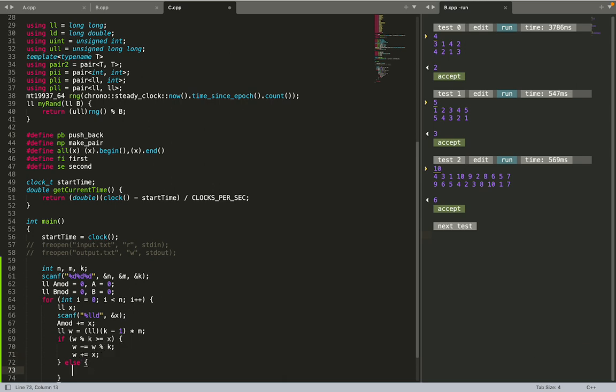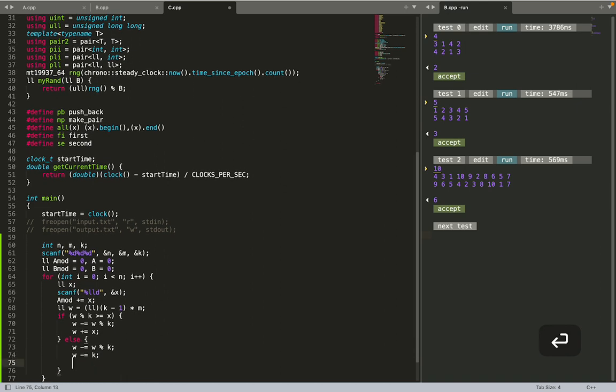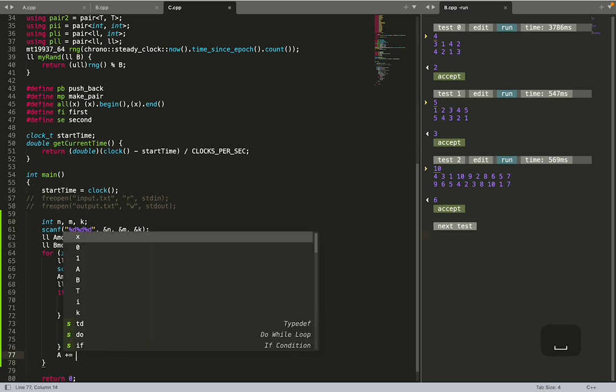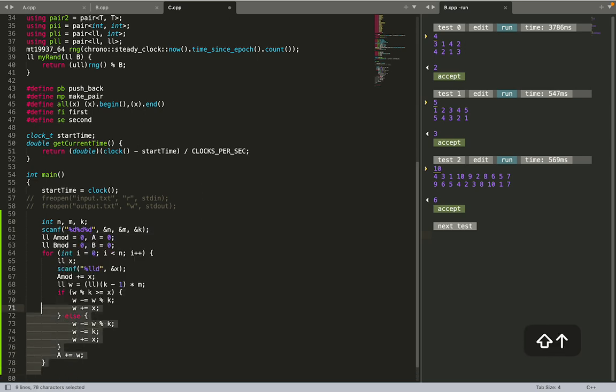If it is already smaller than x, then take out the current value, take out k because we have to go through k, and then add x. Then do the same for b.